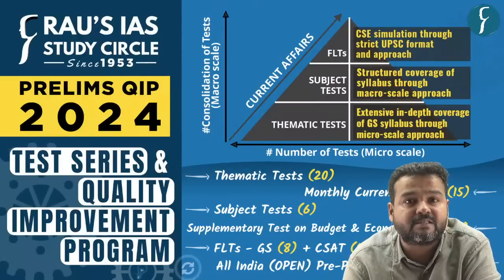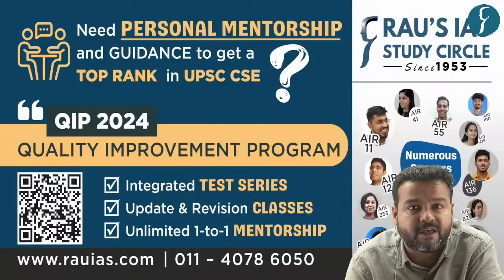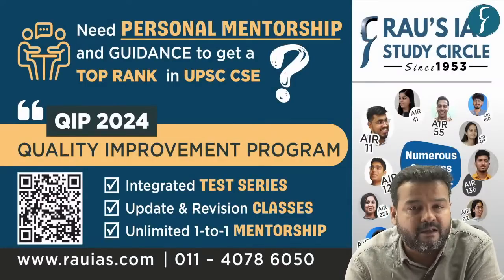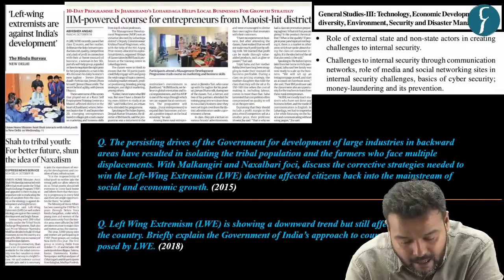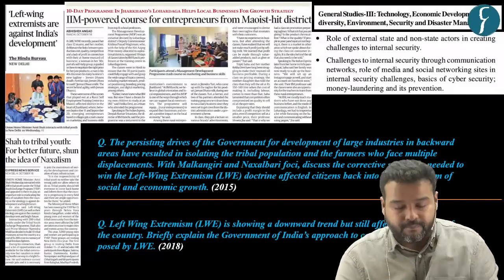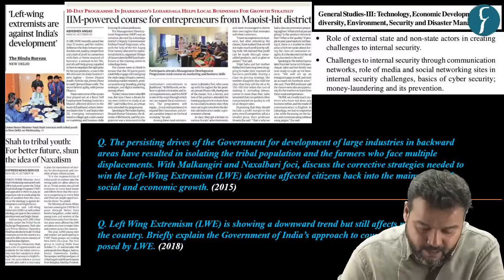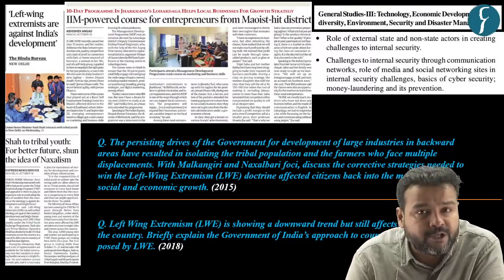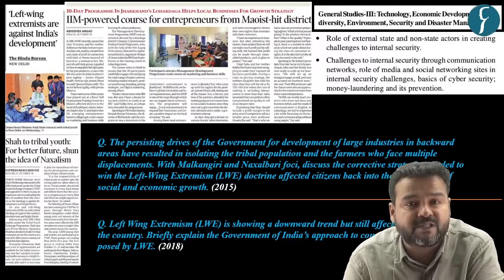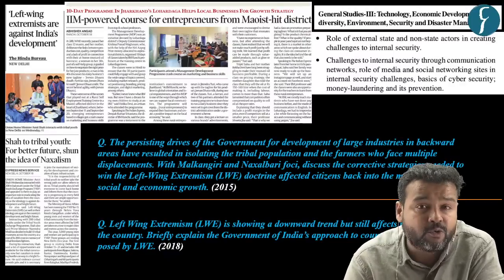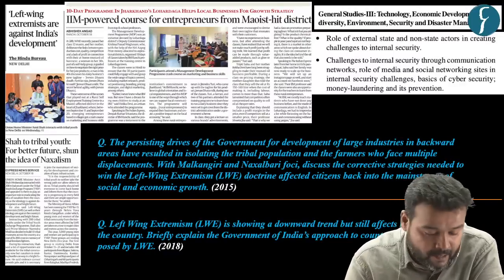So now let's move on to the main section, where we will be taking up the article on left-wing extremism along with a topic of artificial intelligence. Now, as I told you, there were multiple news items in both the newspapers, that is The Hindu and Indian Express, related to left-wing extremism.